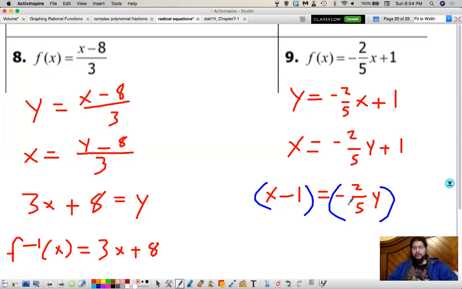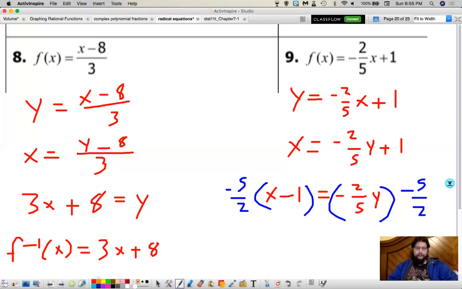To get rid of this, we divide by -2/5 or multiply by the reciprocal. I said reciprocal. So the 5s will cancel, the 2s will cancel. That's what we need to do.